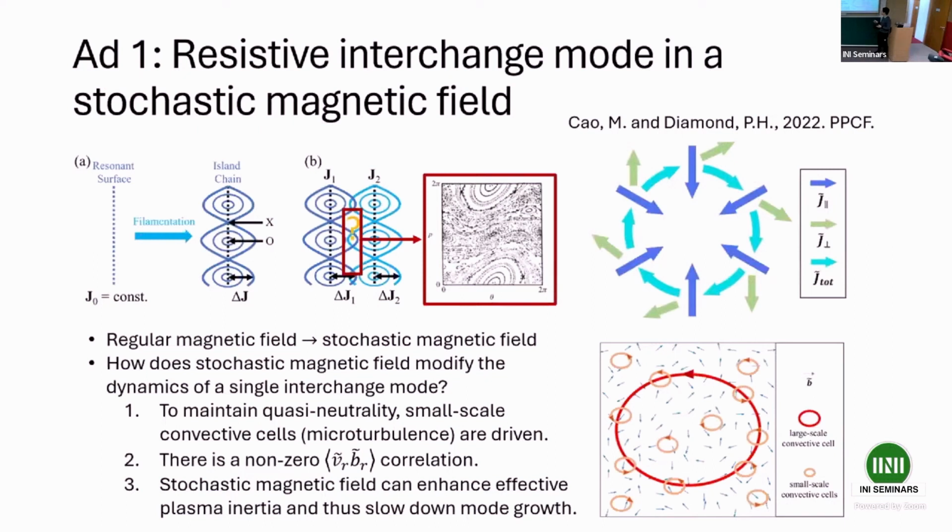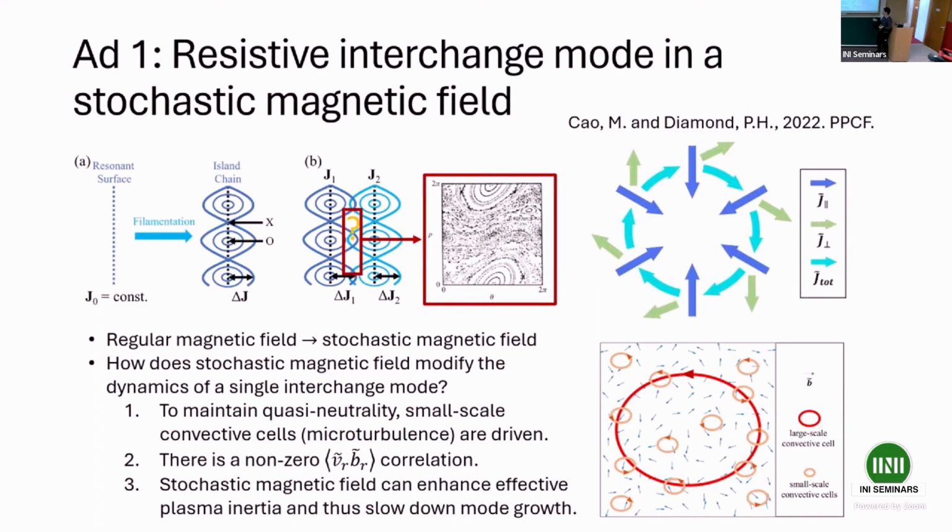Basically, the conclusion is that since the plasma can flow along the stochastic magnetic field, it will generate a non-trivial current density fluctuation, J1 parallel. To maintain quasi-neutrality, div J equals 0, the plasma needs to respond to this J1 parallel.